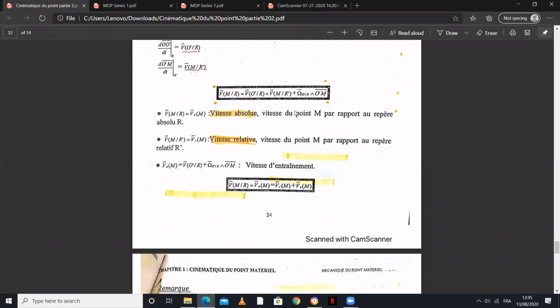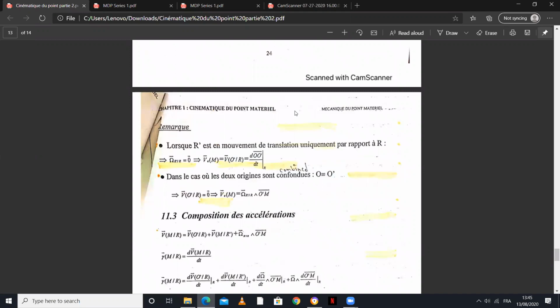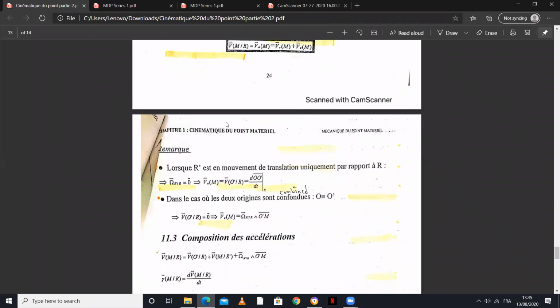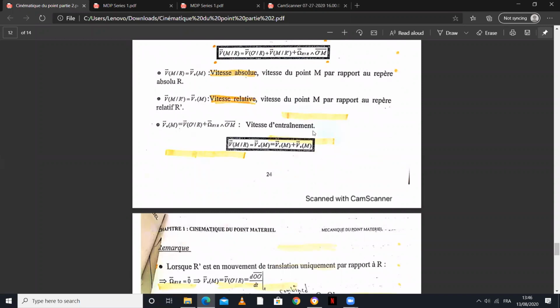Why did we write that? This one here, vitesse d'entraînement. It's in your notes again. So, vector vitesse d'entraînement is equal to vitesse de O', but in this case O' just represents the origin of le repère relatif. It's not always going to be O'. In the question you have seen, we have M0.